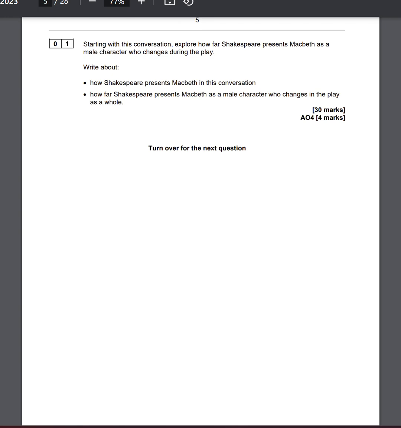So Shakespeare deliberately depicts Macbeth as a male character who changes through the play due to his Hamartia, in order to, and that's when your writer's intention comes in, solidify King James's position. Those are the ones that we're going to go for, the ones that we really know well, using them in there.